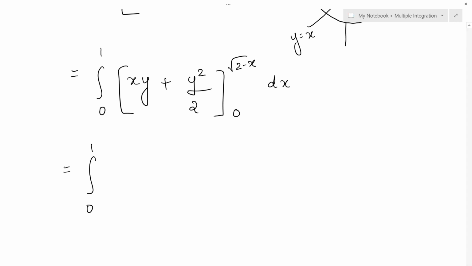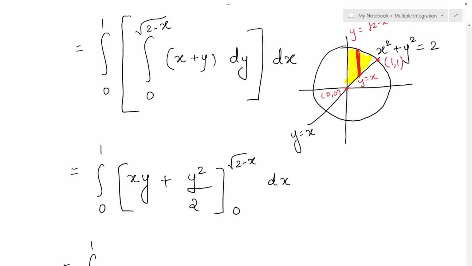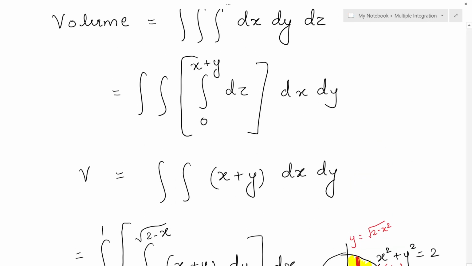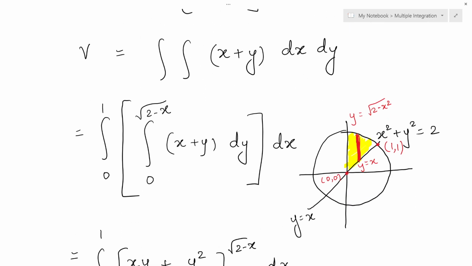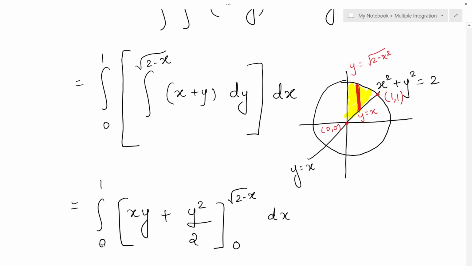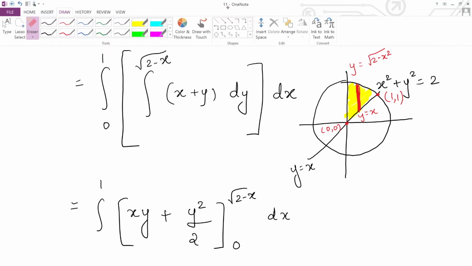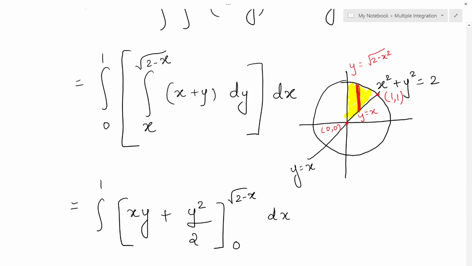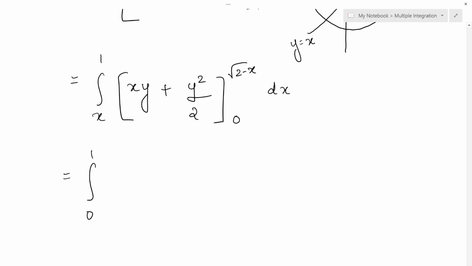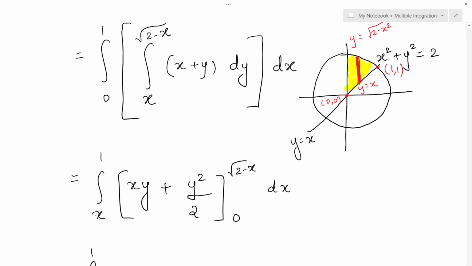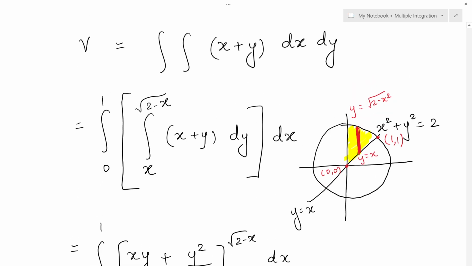Substitute the upper limit and the lower limit. Sorry, the lower limit is not 0. It is touching the line y is equal to x. So by mistake I have written 0. You can just change this as x, because my strip is touching y is equal to x. Here it is x. Okay?